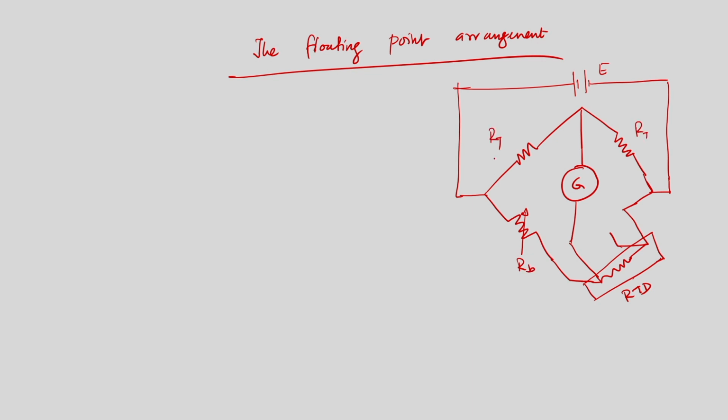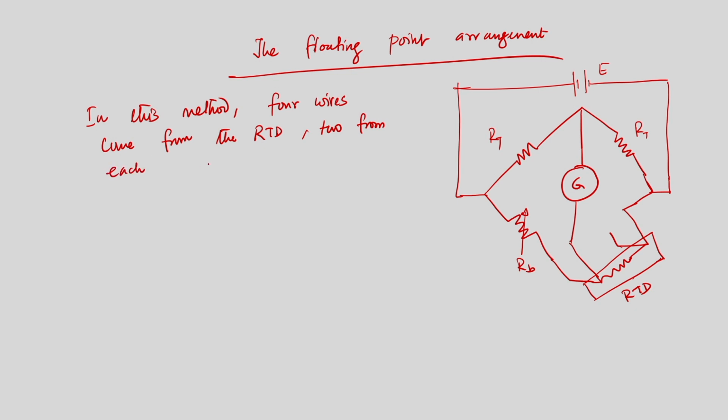This is RT. This is a schematic and this is known as the floating point arrangement. In this method, I will write first, then I will try to explain. In this method 4 wires come from the RTD, 2 from each end of the resistance element.